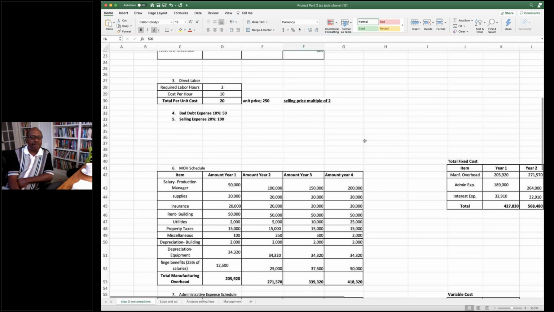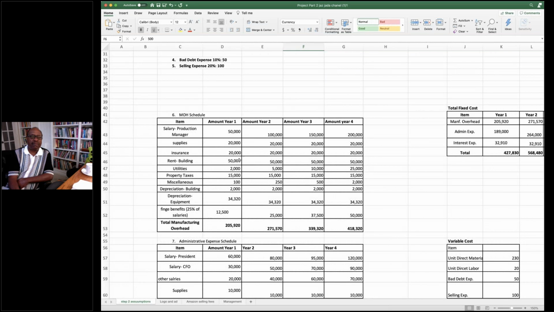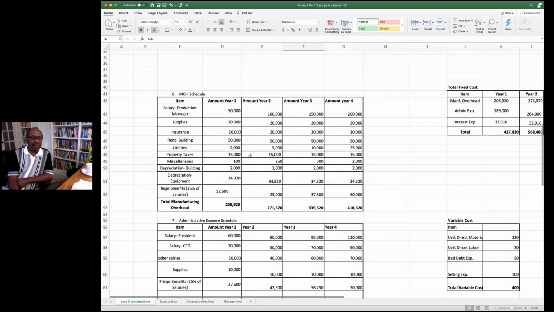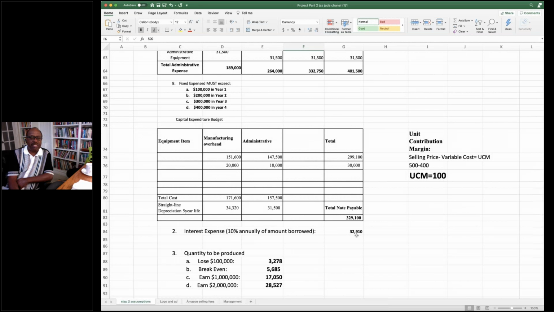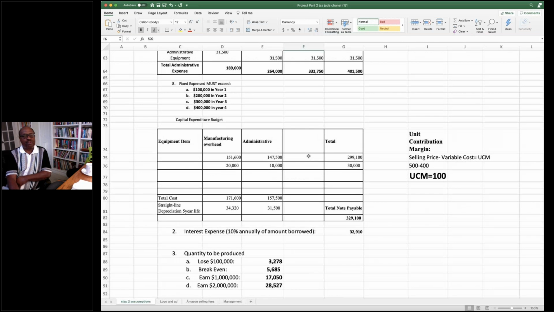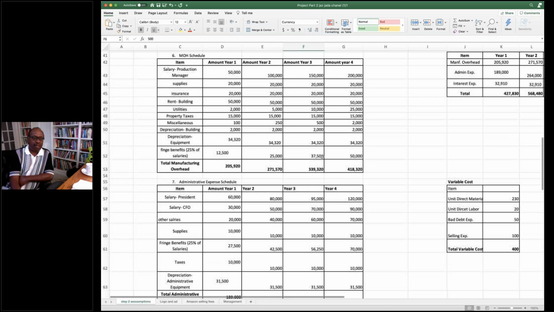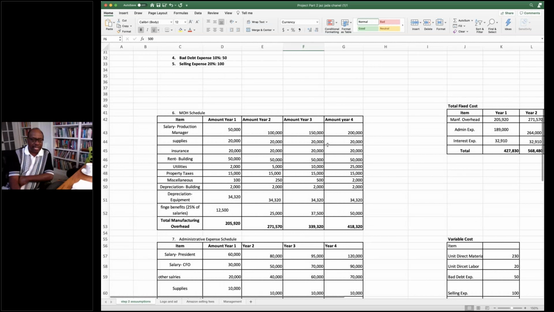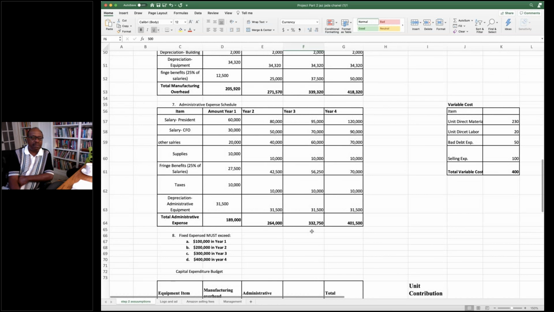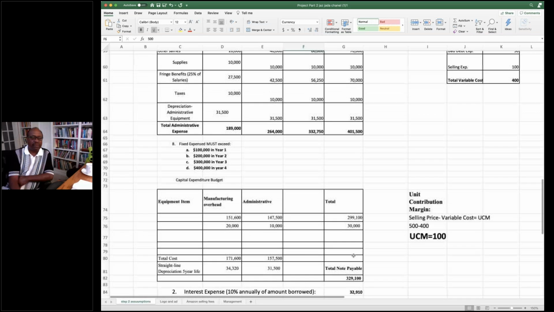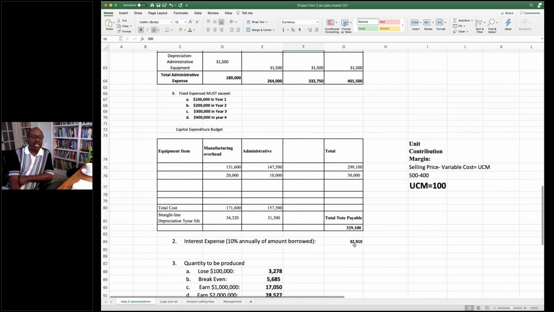Then you're going to have three fixed costs: manufacturing overhead, administrative expense, and interest expense.